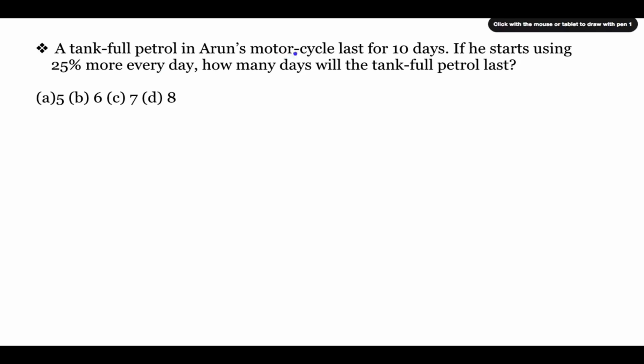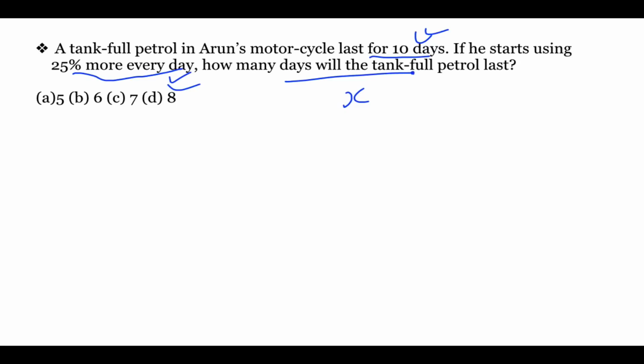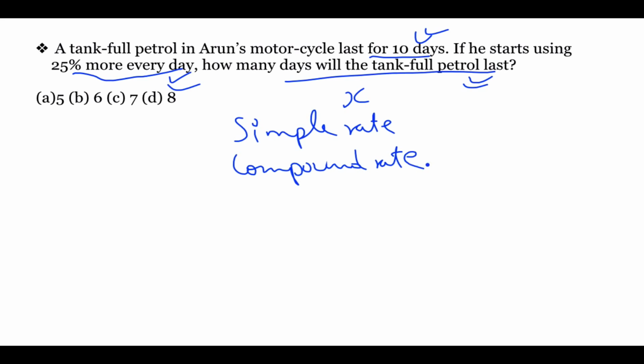A full tank of petrol lasts for 10 days. If it starts being used 25% more every day, how many days will the full tank of petrol last? There are two interpretations in this. Either you can use simple rate, or compound rate. If you use compound rate, the answer will obviously be less than 5, because you start with 1.25, then add a quarter of it, and it becomes around 2 to 3 by the third or fourth attempt.